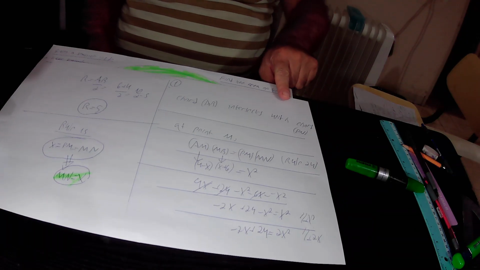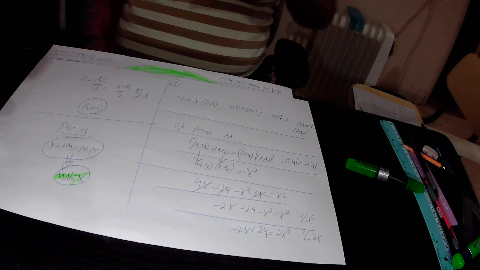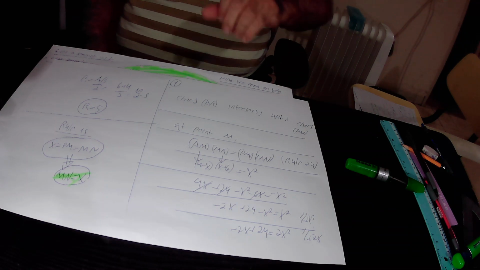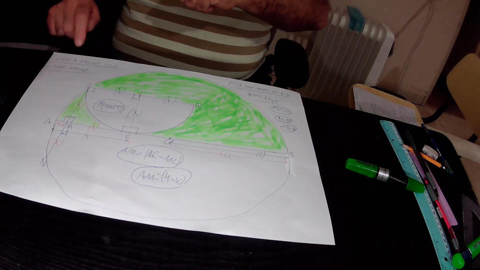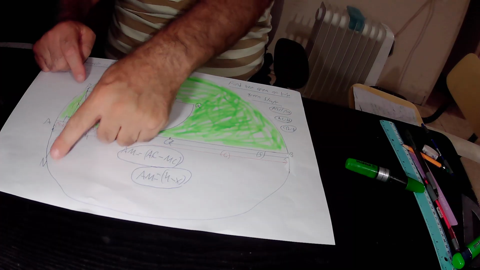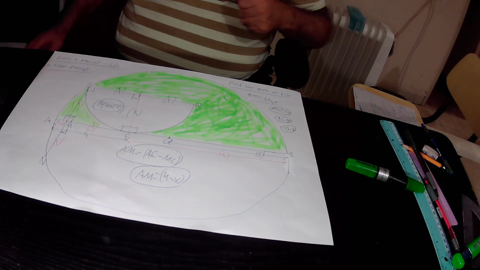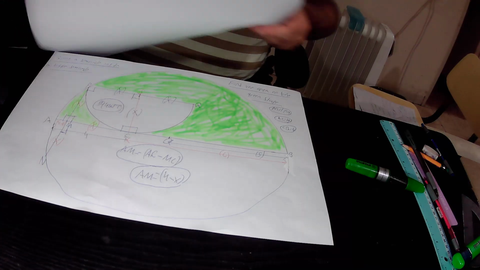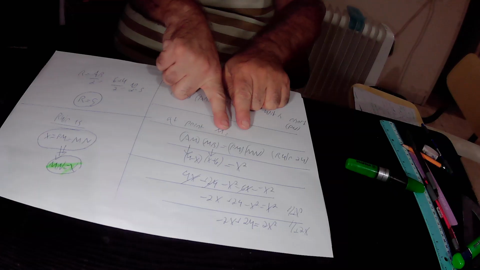Chord AB intersects with chord PN at point M. So all the requirements of rule 24 are satisfied. According to rule 24, the following equation is true: AM times MB equals PM times MN.